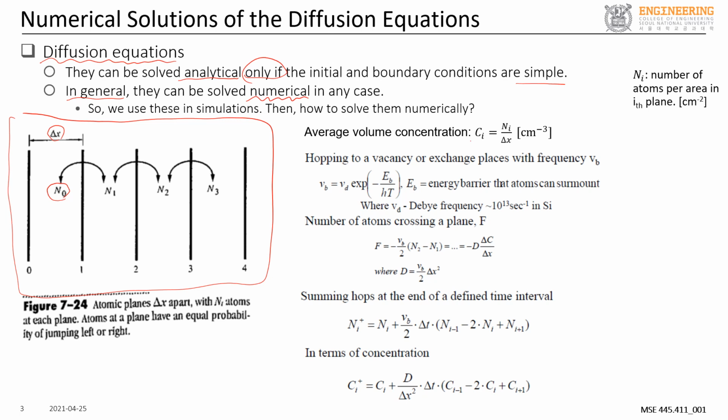So each region will have the average concentration, which will be given by this. And this is an average because if delta x is bigger than 0, it has a finite thickness, so the concentration might change within the same region.